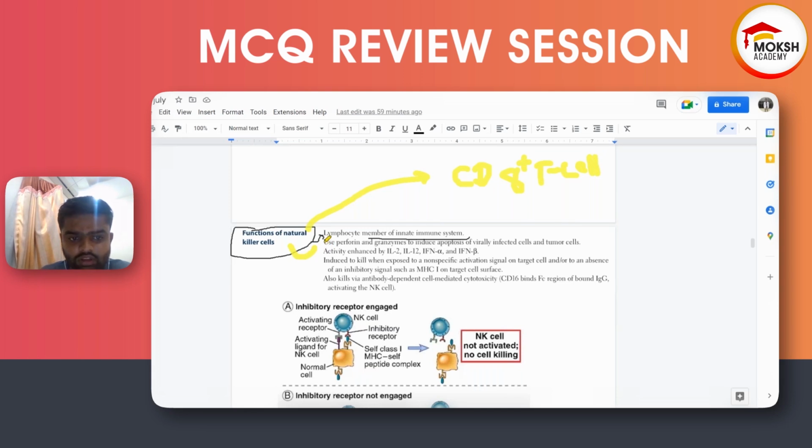Both use perforin and granzyme to induce apoptosis in virally infected cells or tumor cells. So these are very similar in terms of how they induce apoptosis.